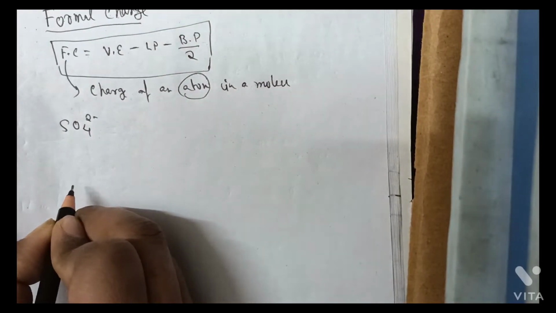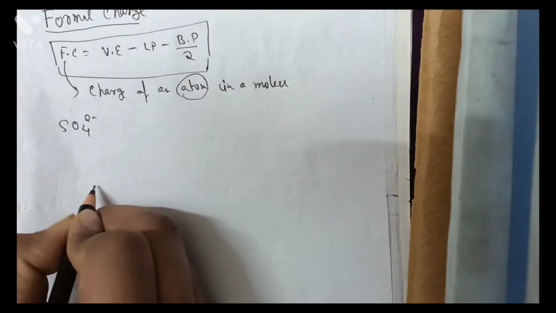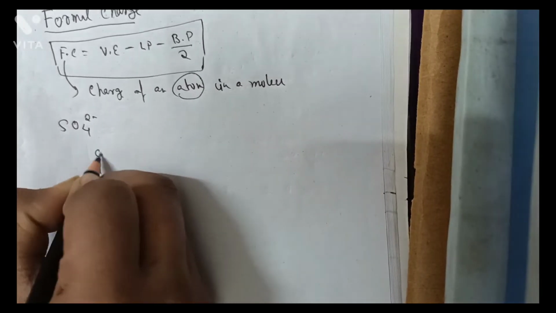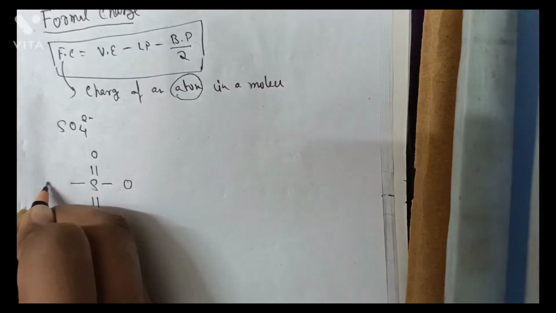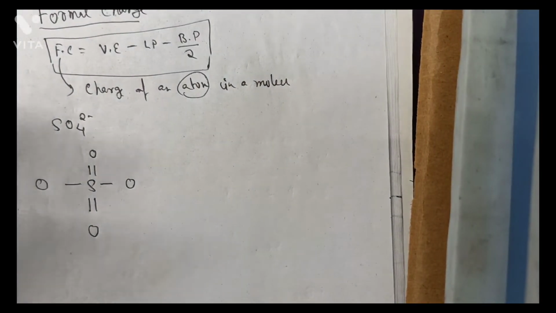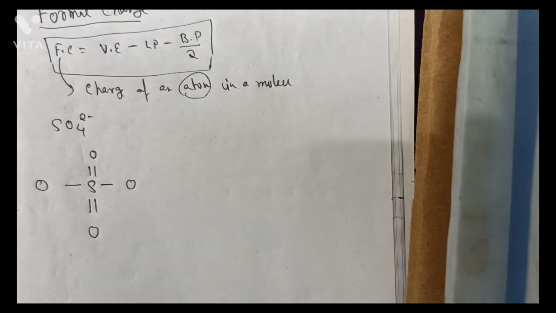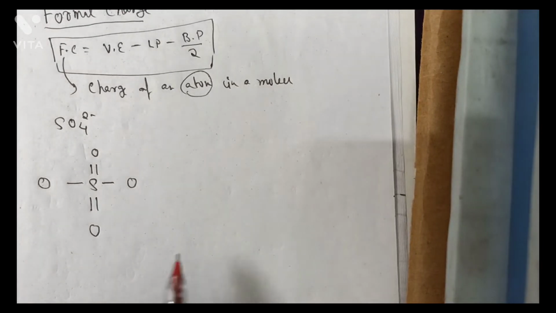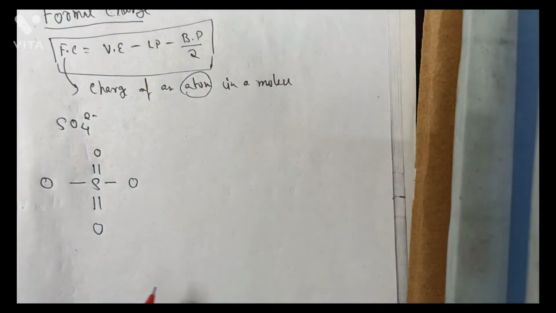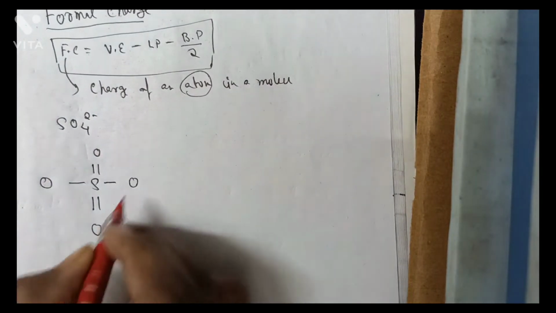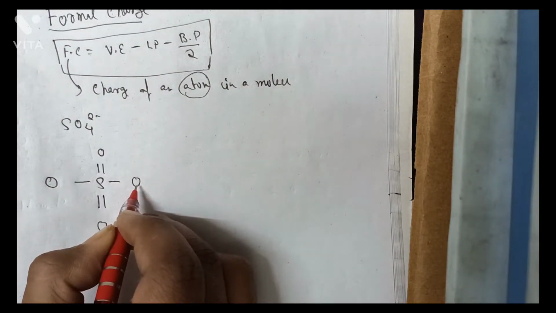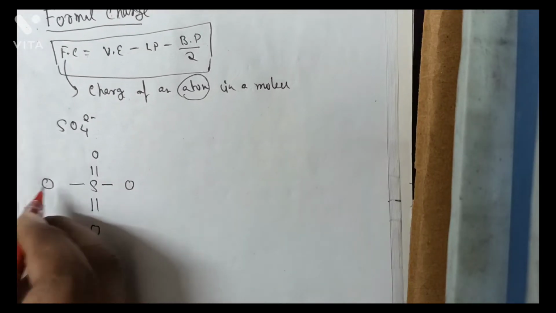According to the Lewis dot structure, the sulfate ion looks like this: S double bond O, single bond O, single bond O. So we have to find the formal charge on each individual atom.